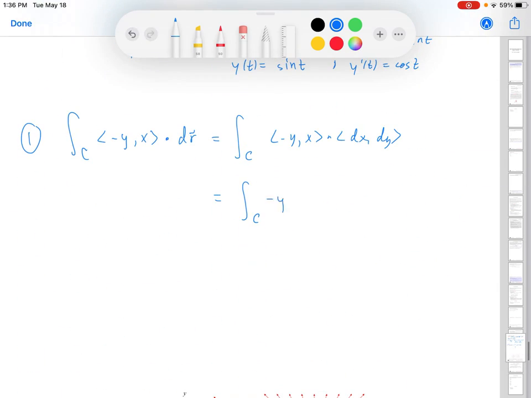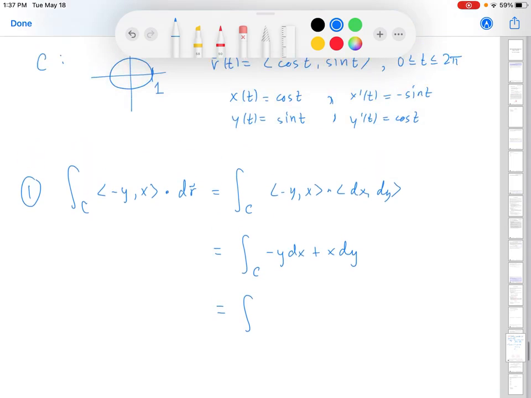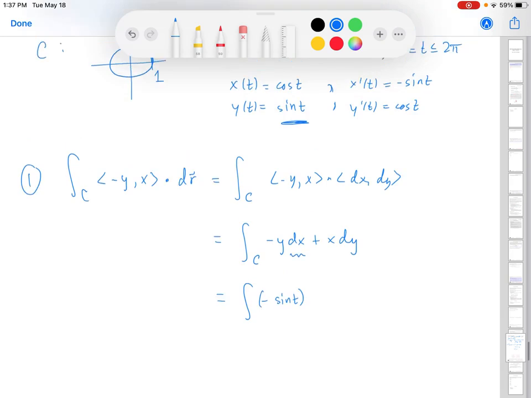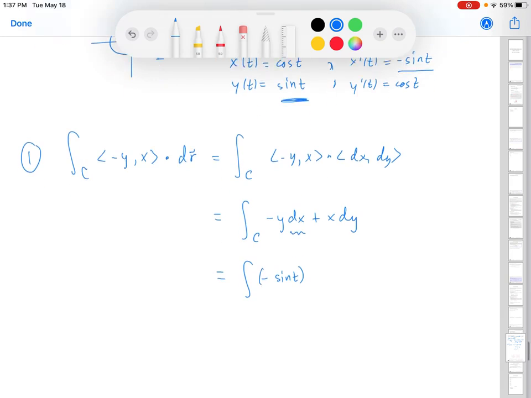So over here I get minus y dx plus x dy, and we can see that this is where I need the information from the derivatives that I calculated. So dx is, well, let me substitute in what y is first. So y is sine of t, so this is minus sine of t. And then dx is x prime times dt.